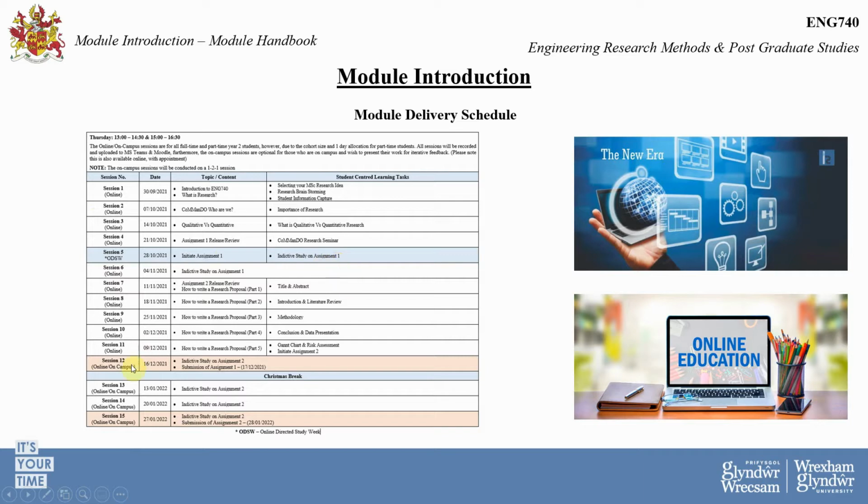And as you can see, we've got the submission of assessment 1 on the 16th of the 12th. This was from feedback from previous students, where previously all assessments were conducted at the end of January, but this year we decided to stagger the assessments for all modules on the MSc, which gives you a bit of a breather on the submission points.